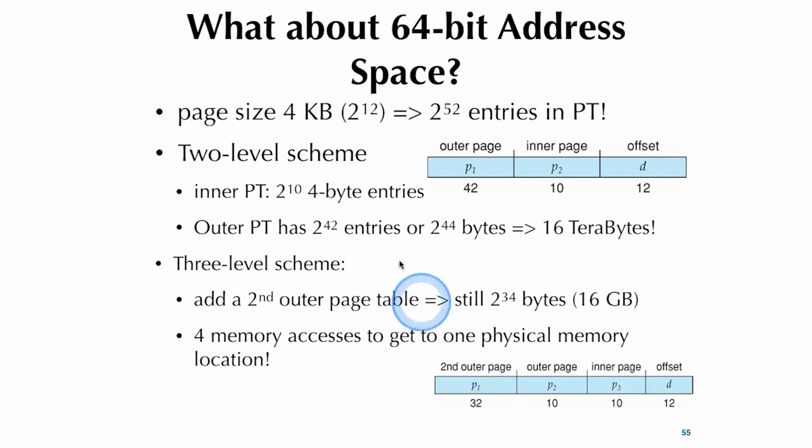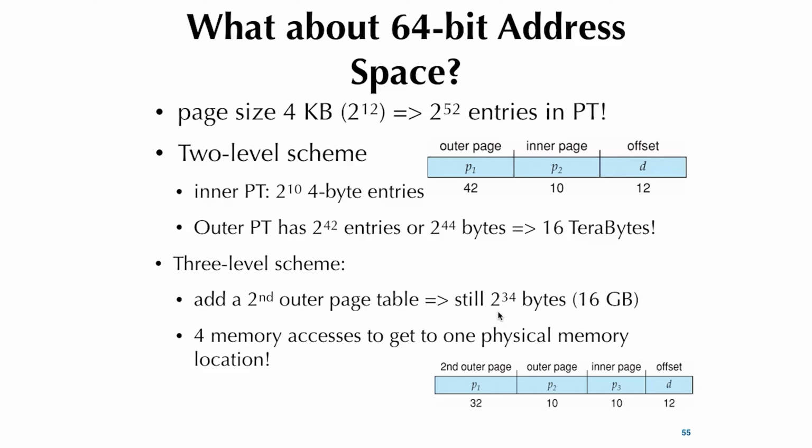Then each of the inner or intermediate tables would have, you know, each table size is still your native page size, which is 4K or 1K entries. But the outer one still has 2 to the 34 bytes. That's 16 gigabytes. And that's still probably more than your physical memory, right?